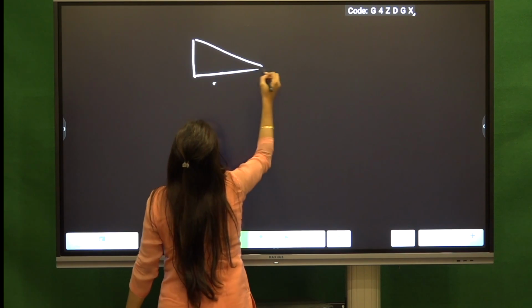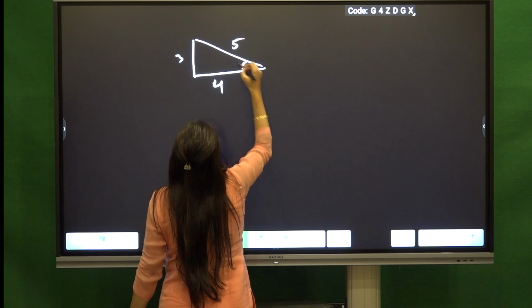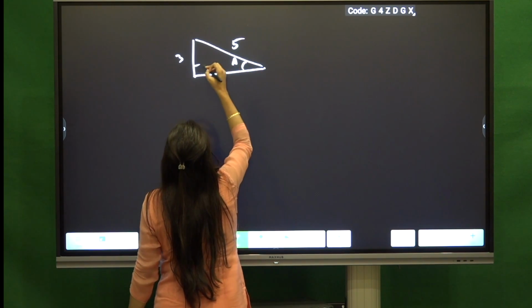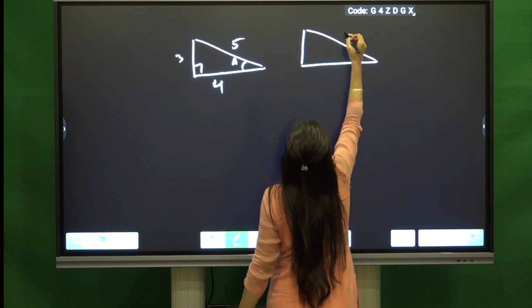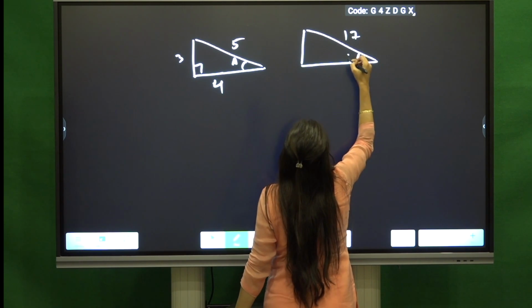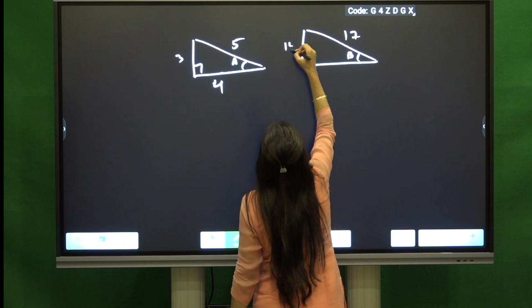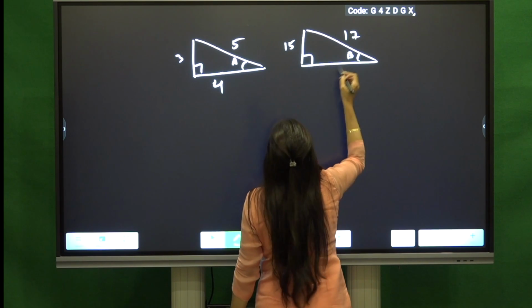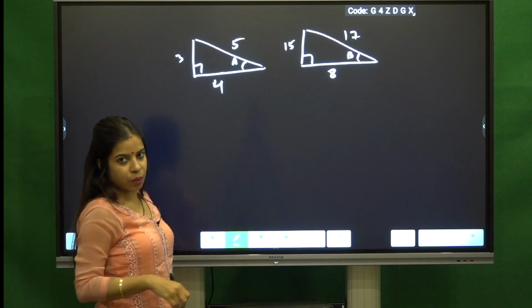So, we have 3, 4, 5, with angle A, and we have 17, this is B, the perpendicular is 15, right angle triangle, and base is 8. Okay.